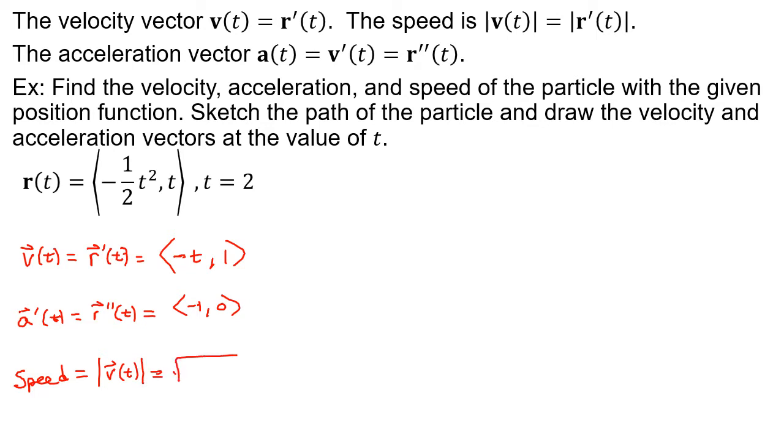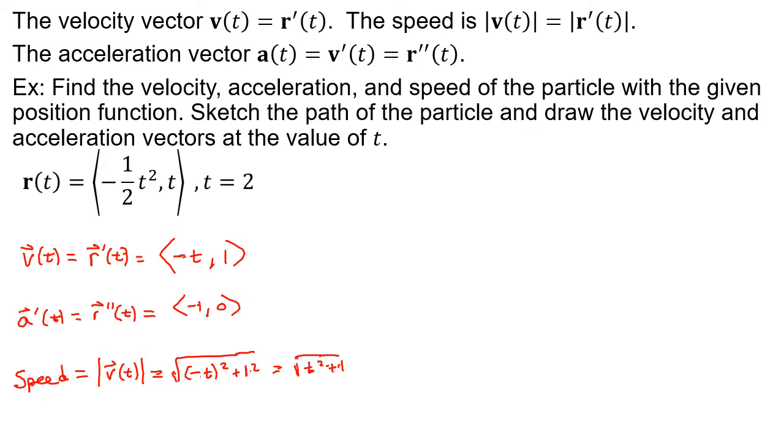So I'll do the square root of negative t squared plus 1 squared. And so we'll end up with the square root of t squared plus 1.